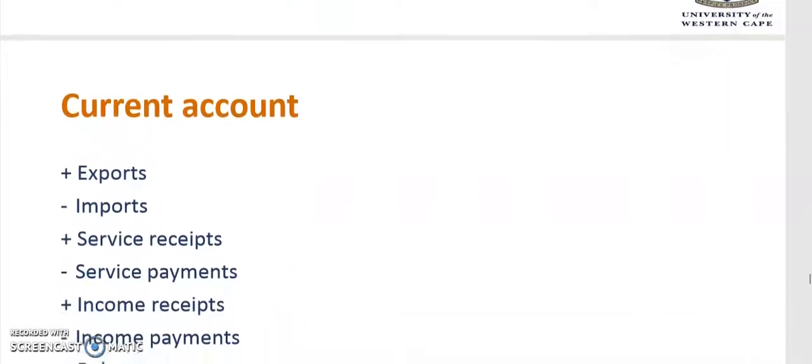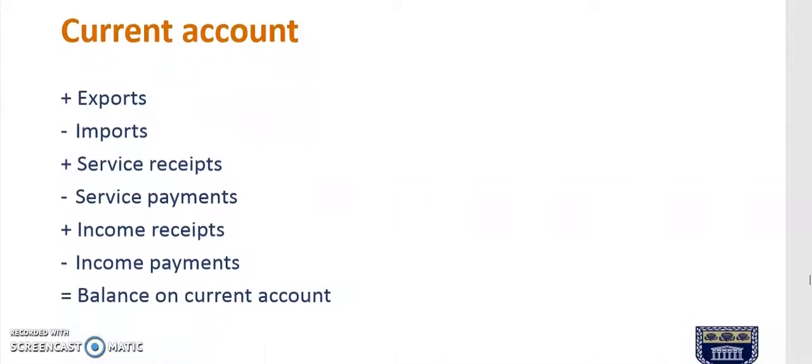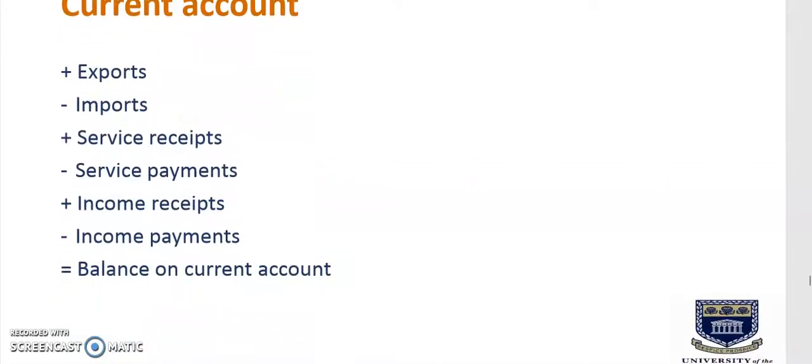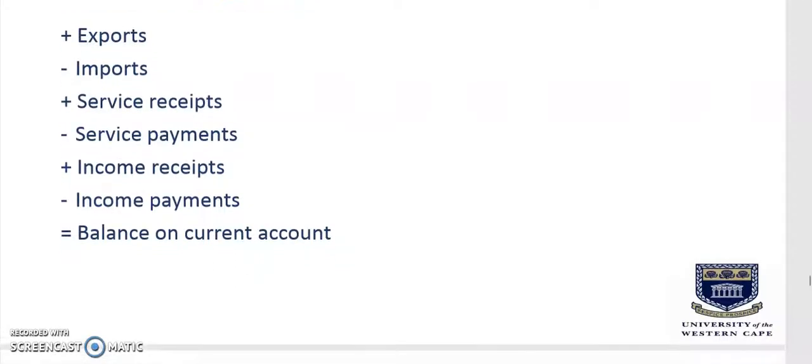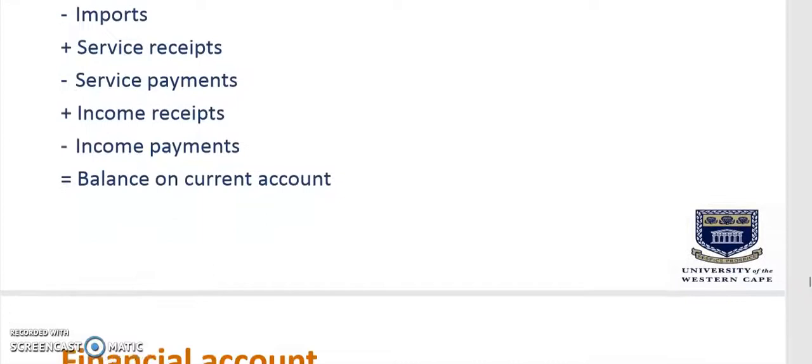This is an example of the current account. You add exports, you subtract imports, you add service receipts, you subtract service payments, and then you add income receipts and subtract income payments. That is the balance on your current account.